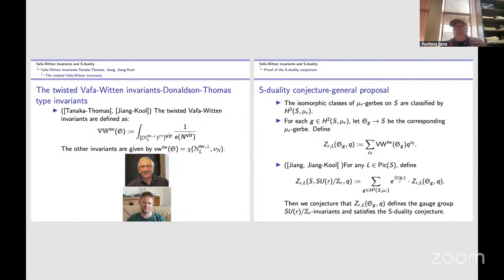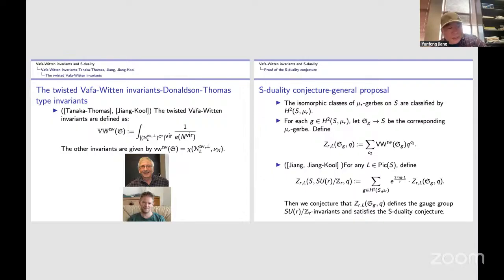So S-duality means the following, but I write it down here like this, though maybe this conjecture should be modified at the moment. If I have an algebraic surface, then for the SU(r) invariant, you just sum over the Vafa-Witten theory, fix r, fix c1, and then vary c2, right?